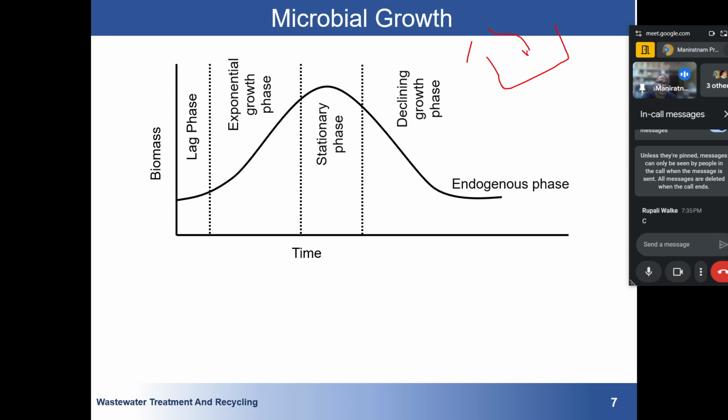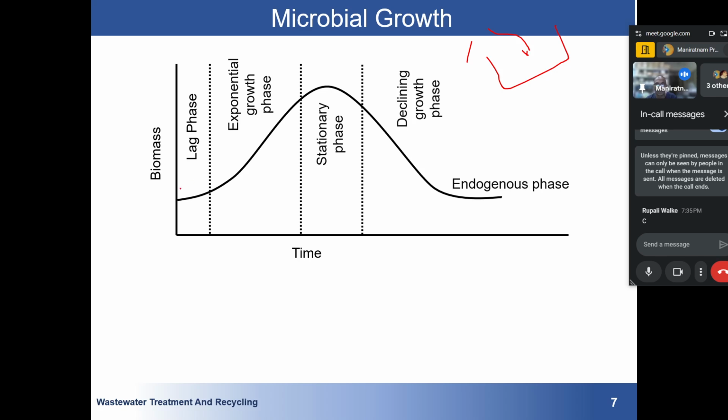First, the microbes will start to adjust themselves depending upon the chemical properties and conditions of the organic matter. That phase is known as the lag phase. The microbes are adjusting themselves to the given condition.